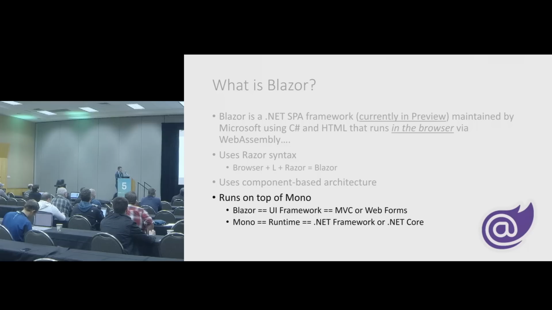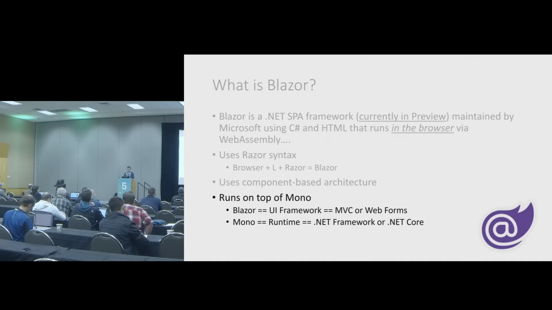And Blazor runs on top of this thing called Mono. How many people know what Mono is? Oh, cool, like half the room, 2/3 of the room. So Mono is what powers Xamarin. It's an implementation of the .NET framework, so you get the same System.whatever APIs, and it lets you write iOS and Android games, apps.